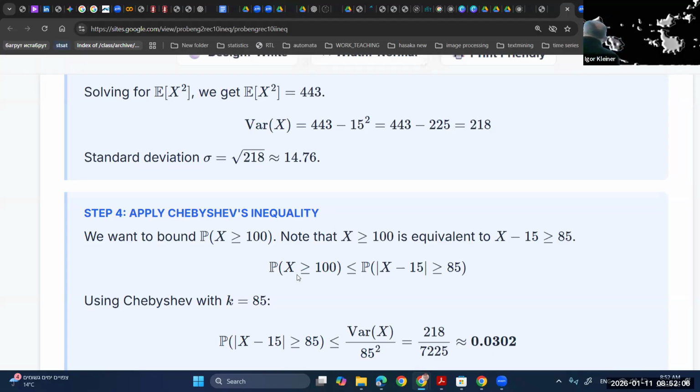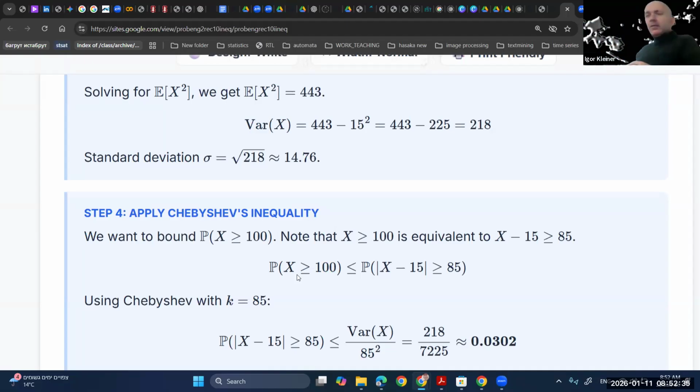We put here the absolute value. We subtract the expected value, 50, from x on both sides, and we put here the absolute value. Now we have 2 intervals, x greater than 100 and x less than or equal to some value. The probability of the union of A and B is always greater than or equal to the probability of A. So we have this inequality.